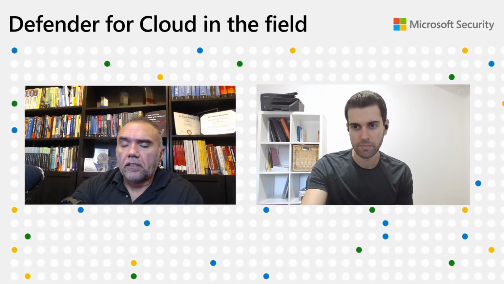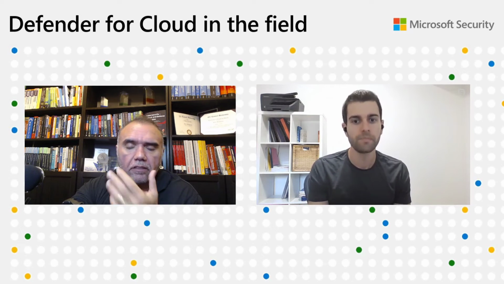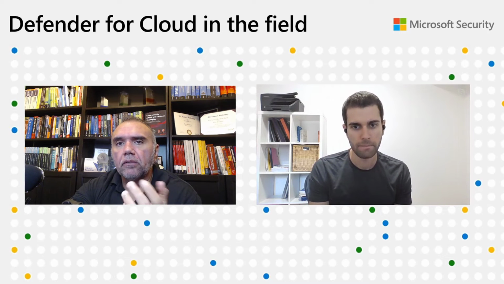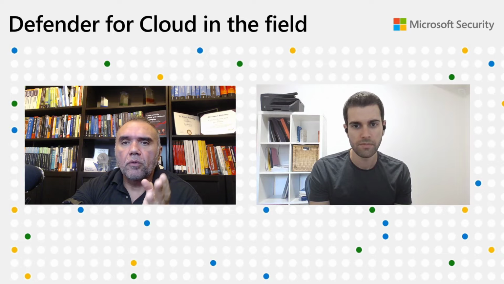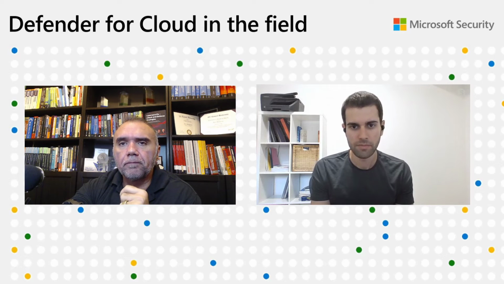You talk about the Cloud Security Explorer, where customers can build their own queries. If they build a query that they think is important, I believe they will be able to save that query to use later on, right?